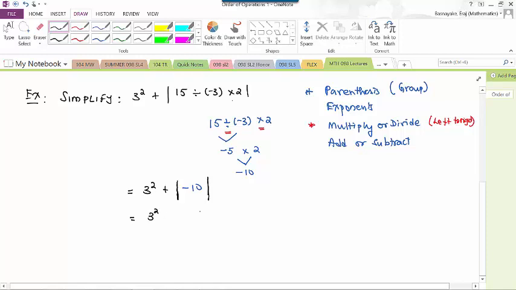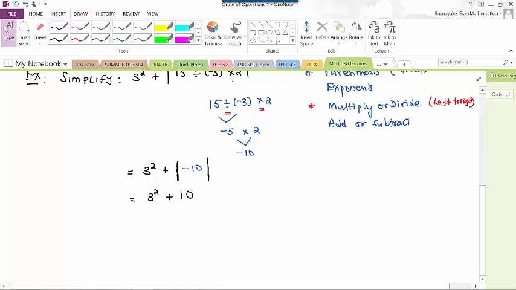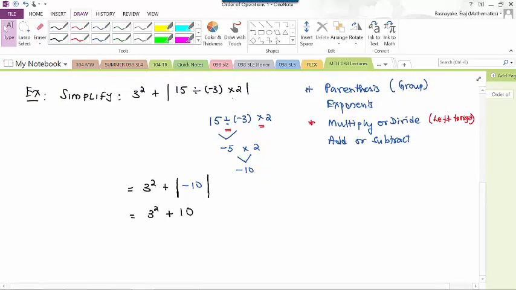As you know, absolute value will make the argument positive. So there it is. And next, I'm going to look at my problem. It's a brand new problem on a new line, and ask myself, what do I do next? So this time I see no groups, but I do see an exponent.